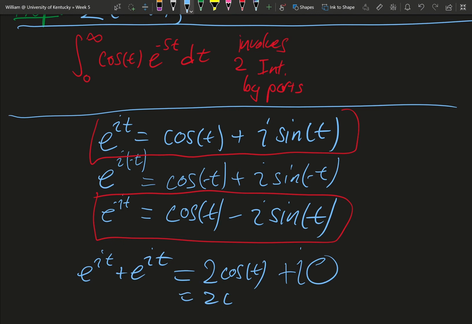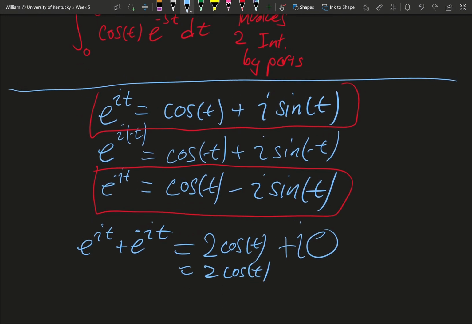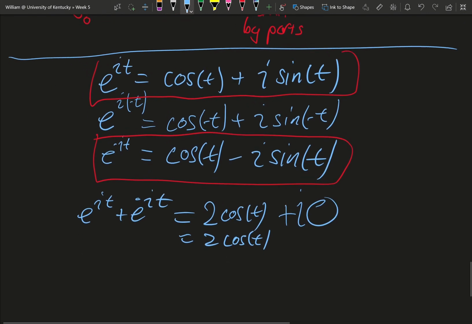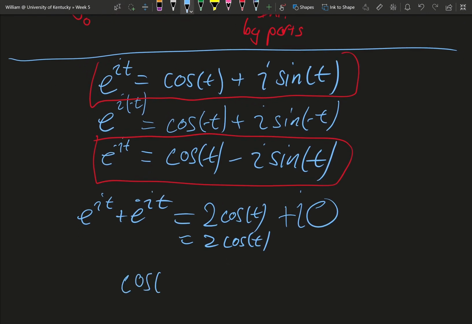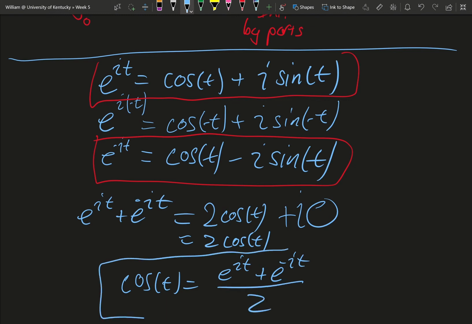So I get 2 cosine is equal to e to the it plus e to the negative it. Dividing by 2, I get that cosine of t is equal to e to the it plus e to the negative it over 2.